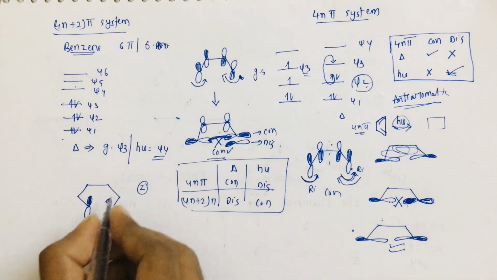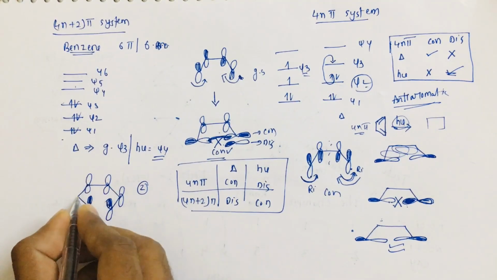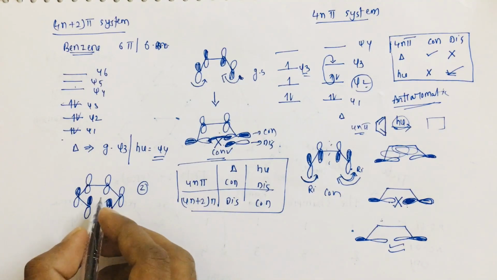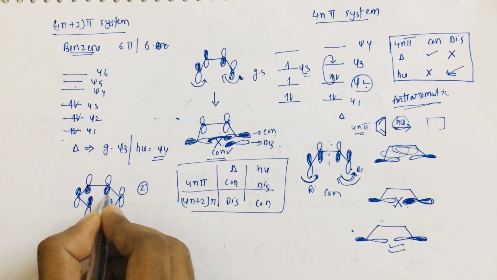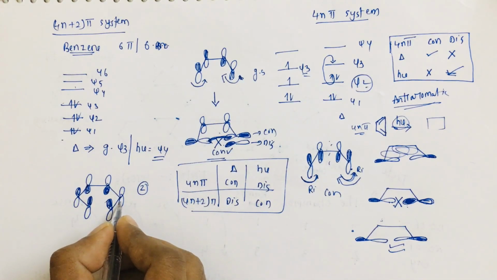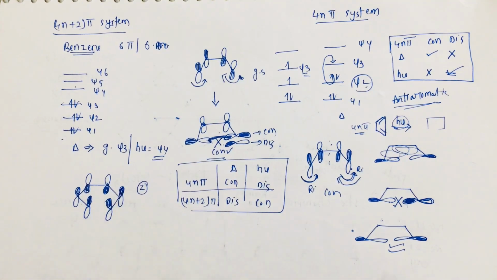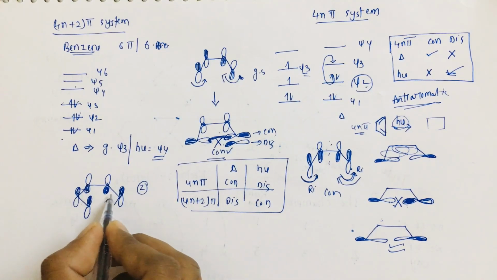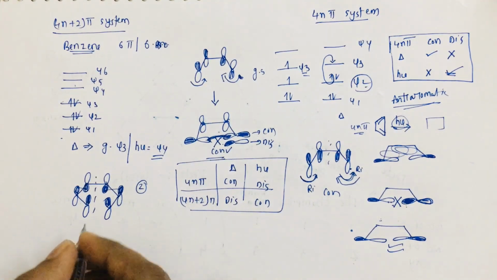Okay, and here the remaining orbitals will be there, one, two. So this is the arrangement. We have one nodal plane, a second nodal plane, and we have a plane of symmetry also.